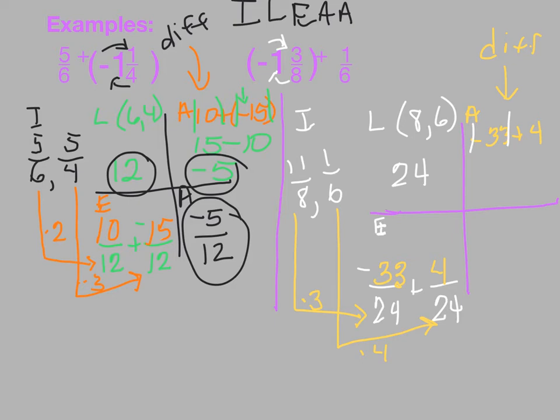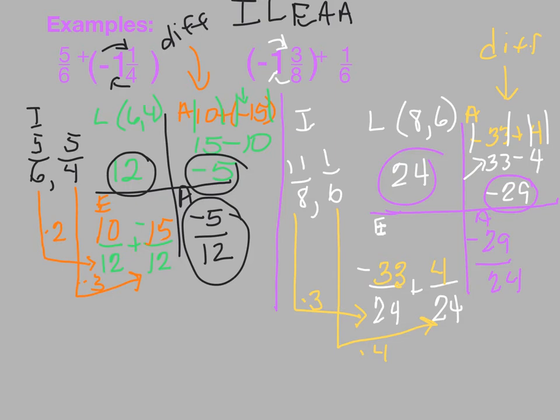Absolute value of negative 33 is 33, minus the absolute value of 4 is 4. 33 minus 4 is 29. The one with the larger absolute value is 33, so that's negative 29. So negative 29 is my numerator. 24 is my denominator. That is my answer.